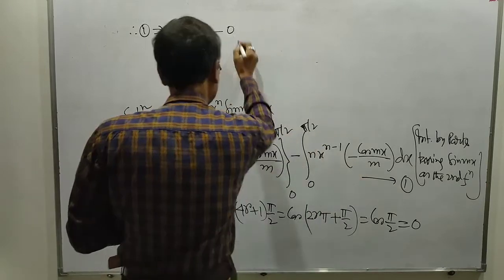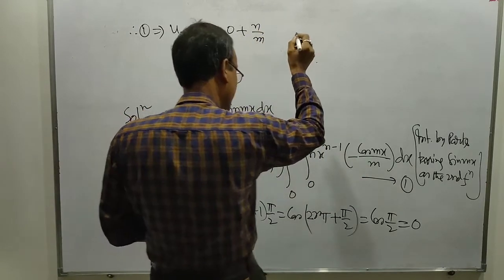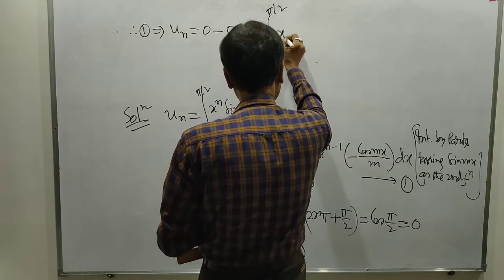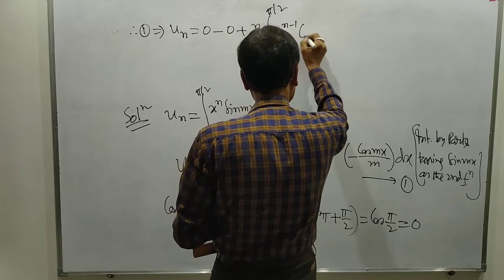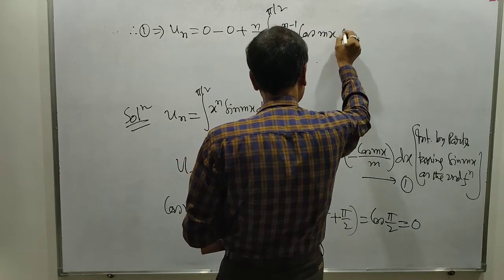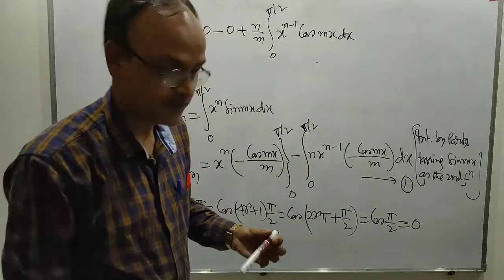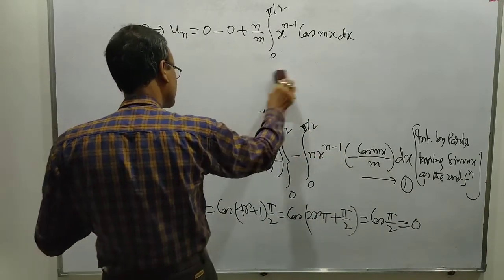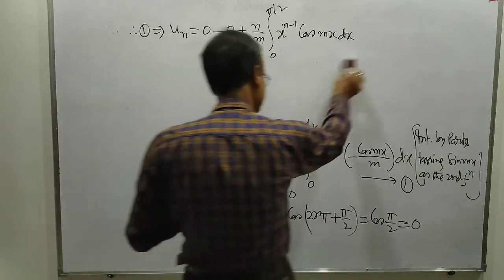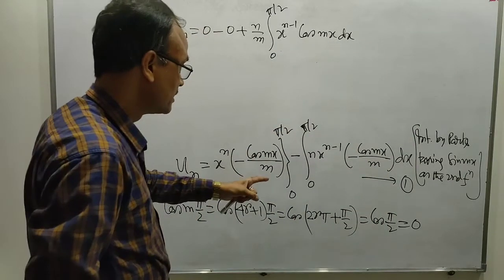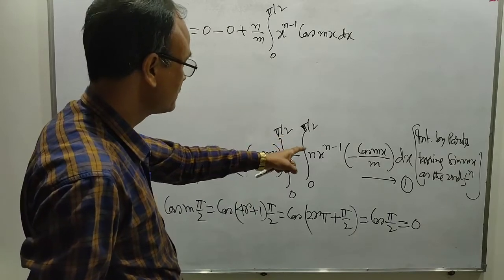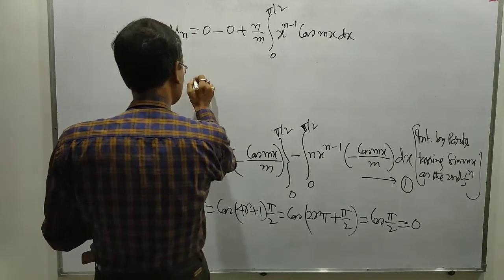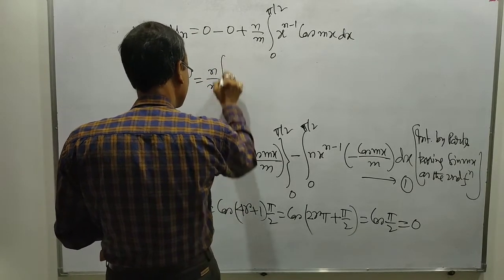Plus n by m integration 0 to pi by 2 x to the power n minus 1 cos mx dx. Yes. This is equal to n by m.